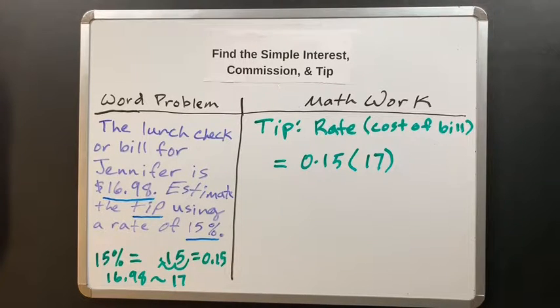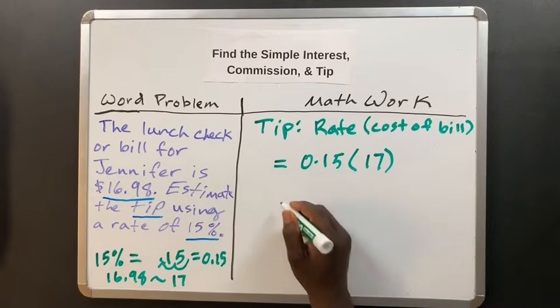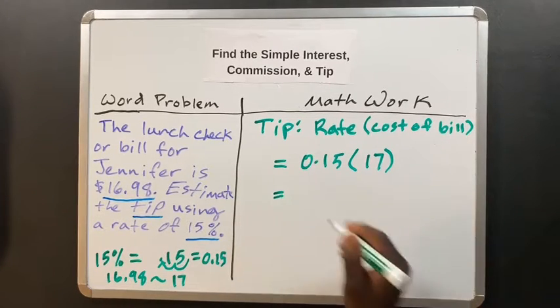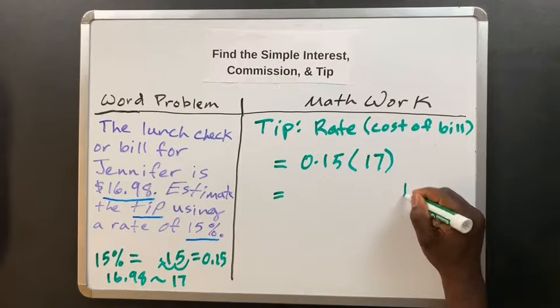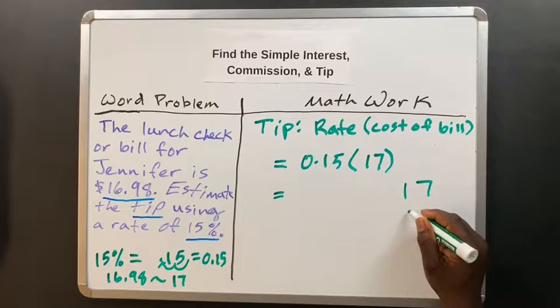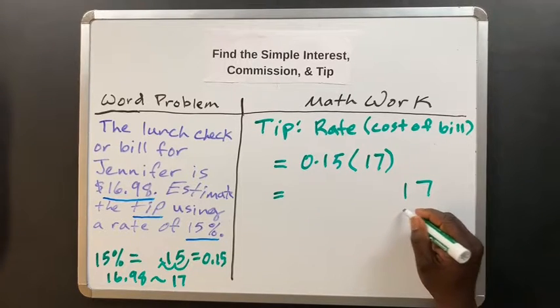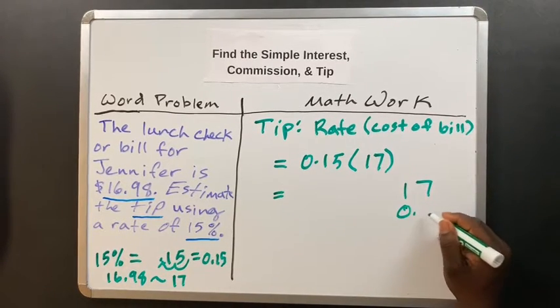We take those two numbers and we multiply them, and what do we get? Well, let's go ahead and do a little long division over here. Why not? All right, 17 times 0.15.